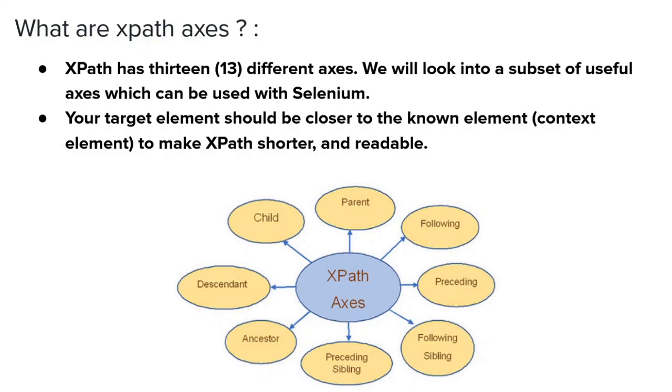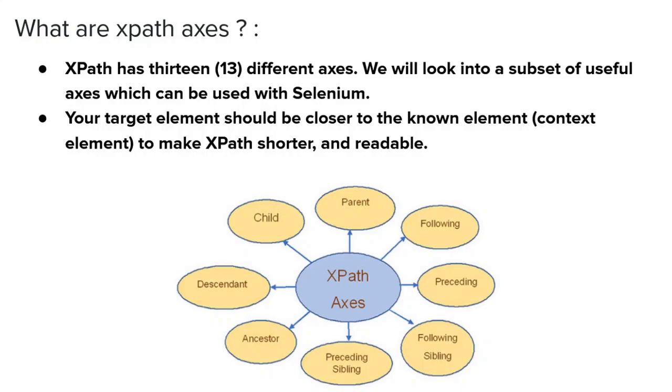XPath has 13 different axes, or we can say XPath has 13 different keywords, which we can use in our XPath. But we will not look into all of them. We will just check out a subset of useful axes which are most commonly used with Selenium.